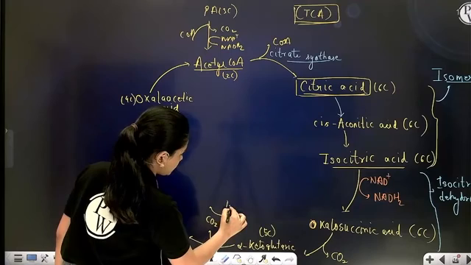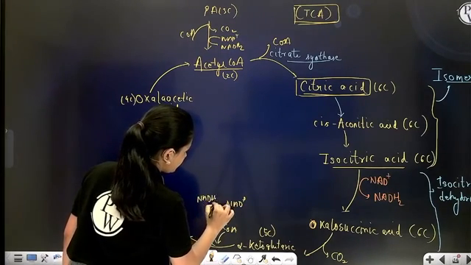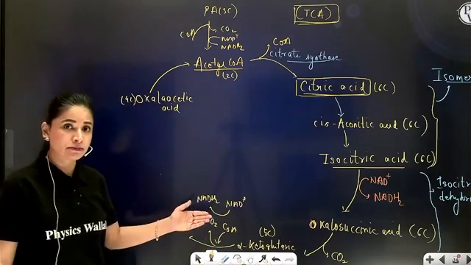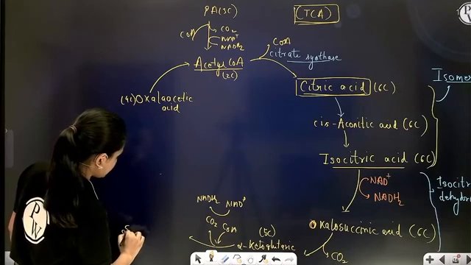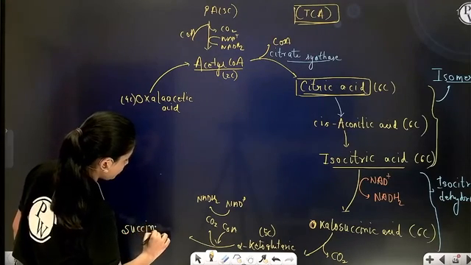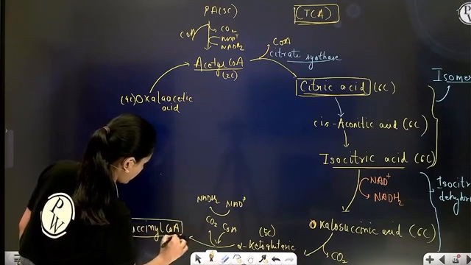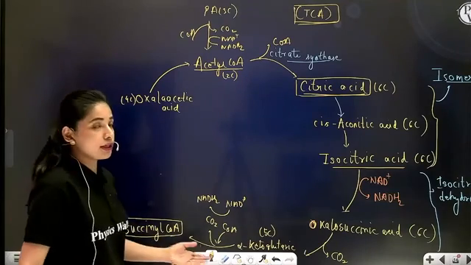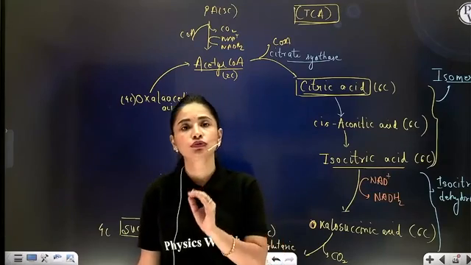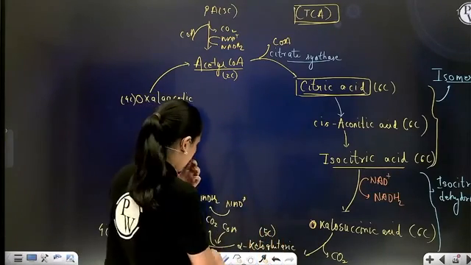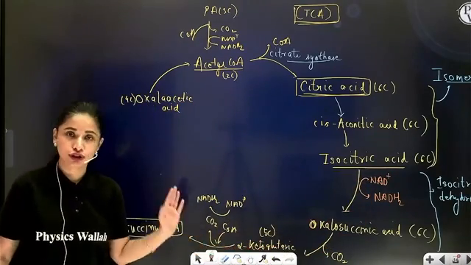Here I am writing it compactly as I am not having space. To produce what? After these 3 steps, the next 4-carbon compound that will be produced is succinyl coenzyme A. So this is now a 4-carbon compound produced by the oxidative decarboxylation of alpha ketoglutaric acid. Right? The enzyme which is required is alpha ketoglutarate dehydrogenase.